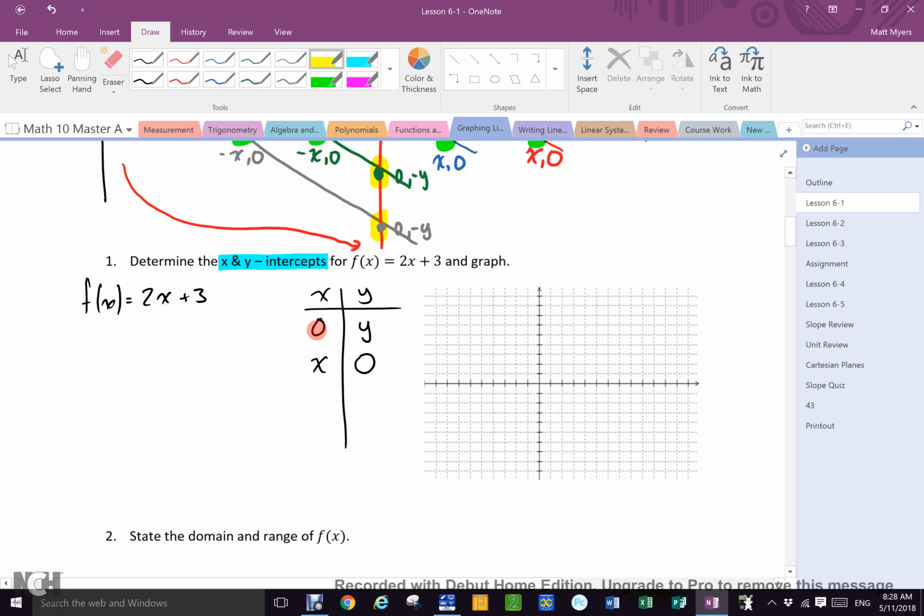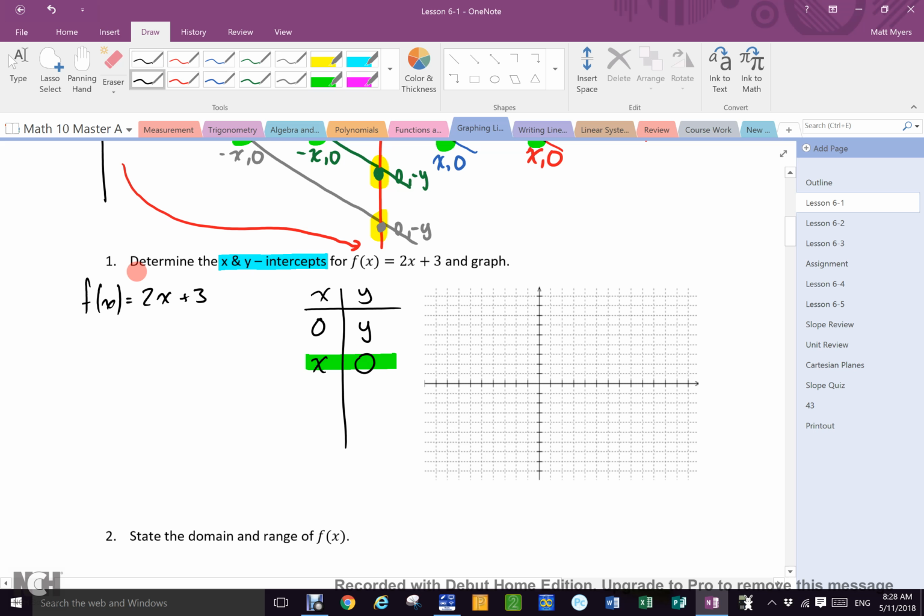We're going to do this line first because this is the x-intercept. X is still x. So what do I do with the equation? X is 0, or x is x, y is 0. Where do those numbers go over here?